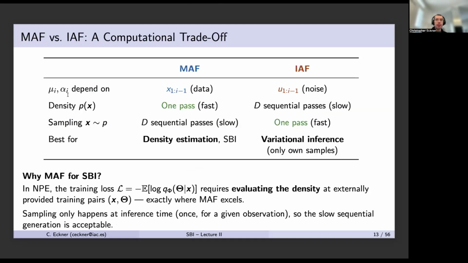Then you can also perform basically the inverse of that if you want to do this variational inference game. This is just to mention it and as a summary here on the slide. But what you typically use in simulation-based inference is the forward pass where you have these MAF, these masked autoregressive flows.